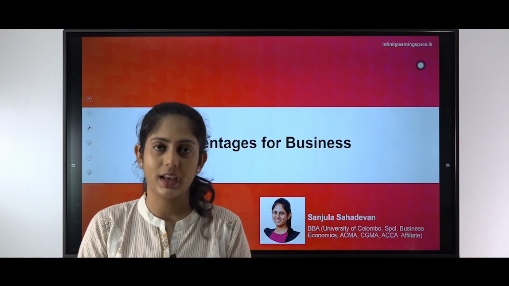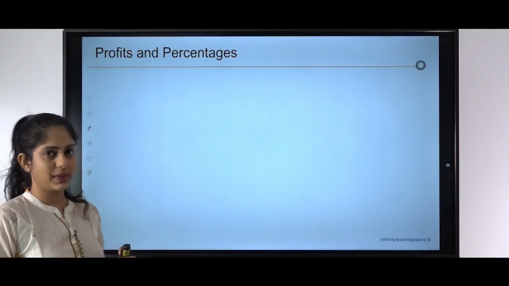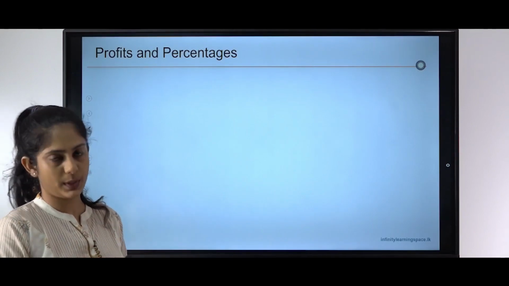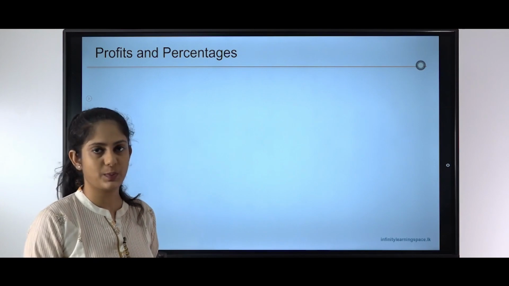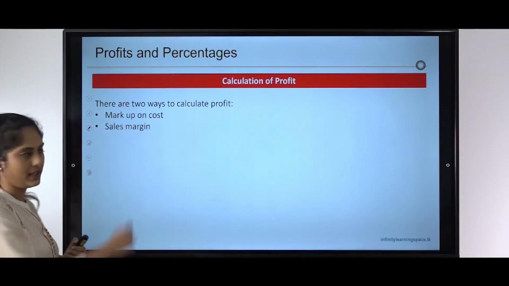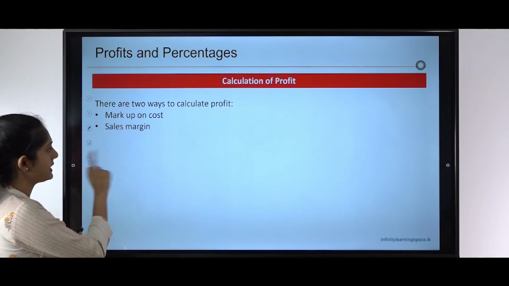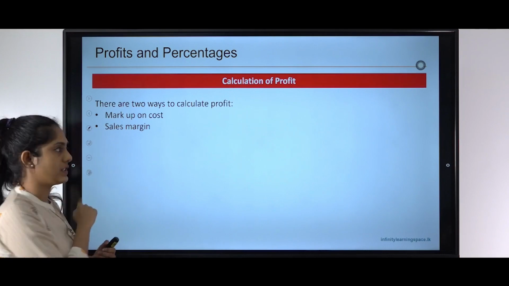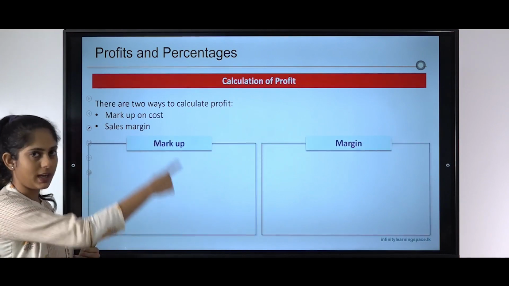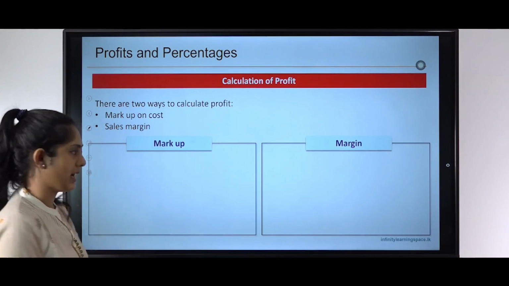Firstly, we look at percentages with profits, because any business's purpose is to make profits. When calculating profits, there are two ways: one is your markup and the second is your margin.